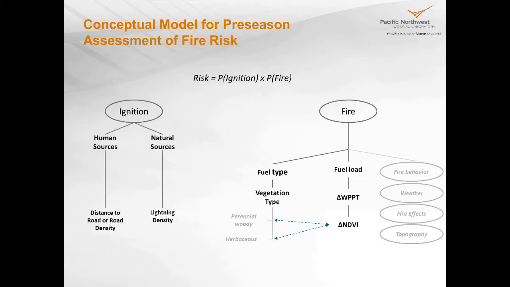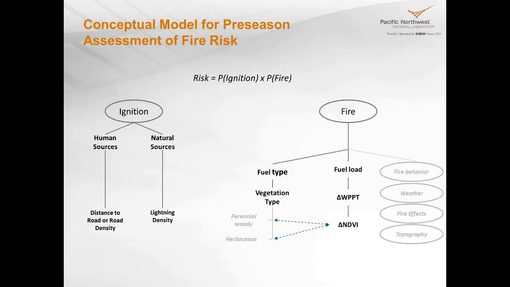The right side of the model is the probability of burning if you do get ignition, so the fire. And we have vegetation type available as geospatial layers, LANDFIRE or whatever source of vegetation you use. But in addition to that, we wanted to get a measure of the fuel load. And I want to define those terms underneath there.